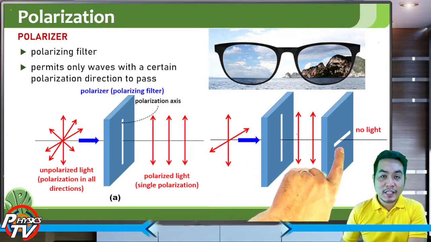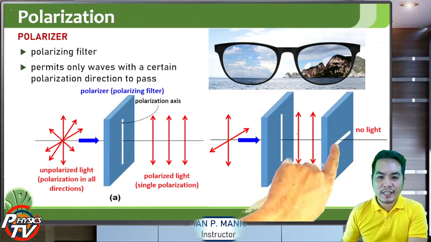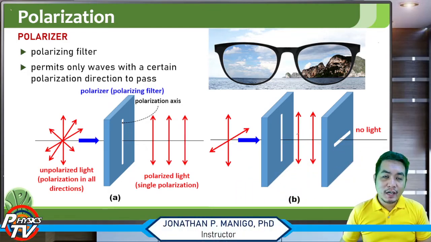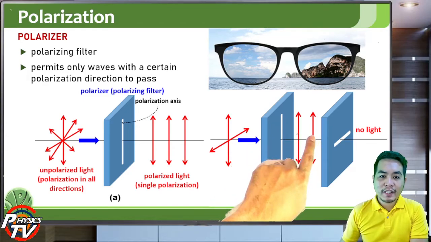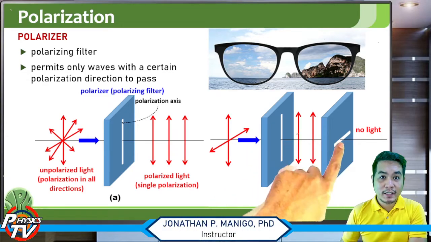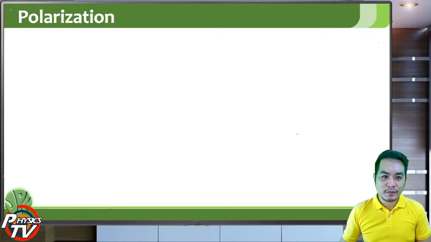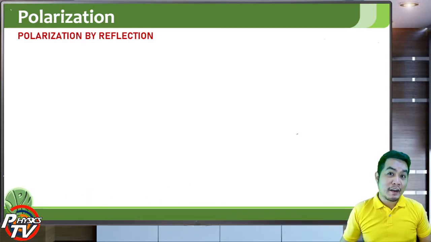And when it enters another filter, where the polarization direction that it will allow is just this one, there will be no light passing through this series of two polarizing filters, since no light matches the polarization requirements or restrictions of the second polarizer. So that's basically polarization.